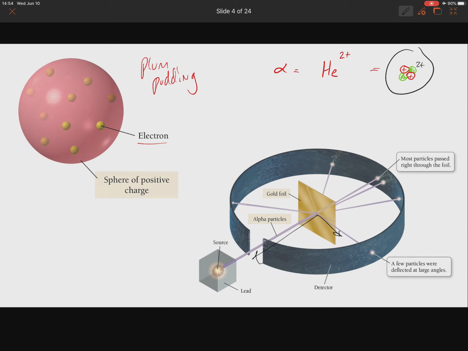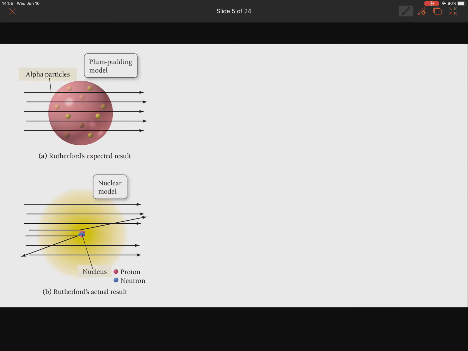Now, the idea was that as these alpha particles went through the plum pudding model, we shouldn't see that kind of thing because, if this is gold and it's positively charged, that positive charge is spread out over this entire atom and not concentrated enough to reflect an alpha particle that has a 2+ charge on it.